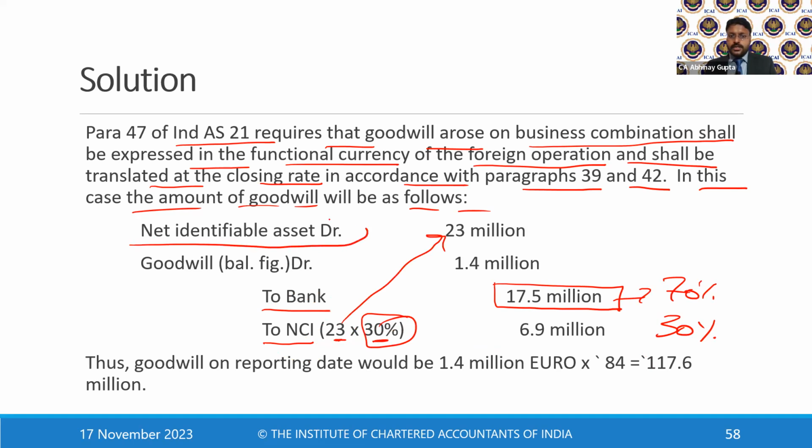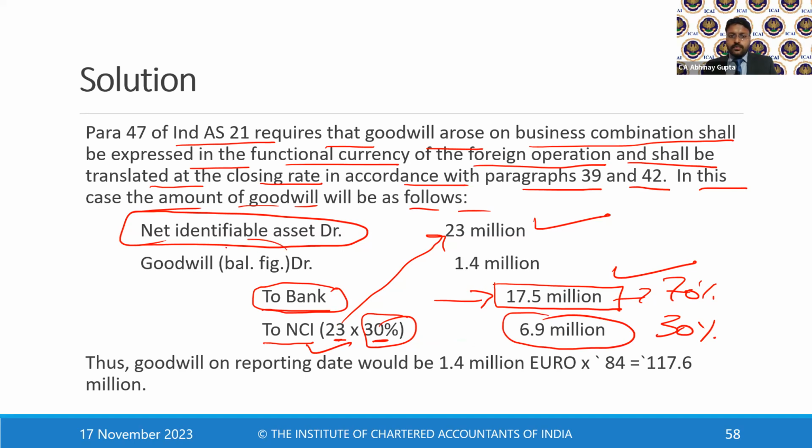So we are receiving net assets. So net assets debited by 23 million. Purchase consideration discharged to bank by 17.5 million and to NCI 23 million into my 30%, 6.9 million. So the balancing figure would be the goodwill, right? How much? 1.4 million.